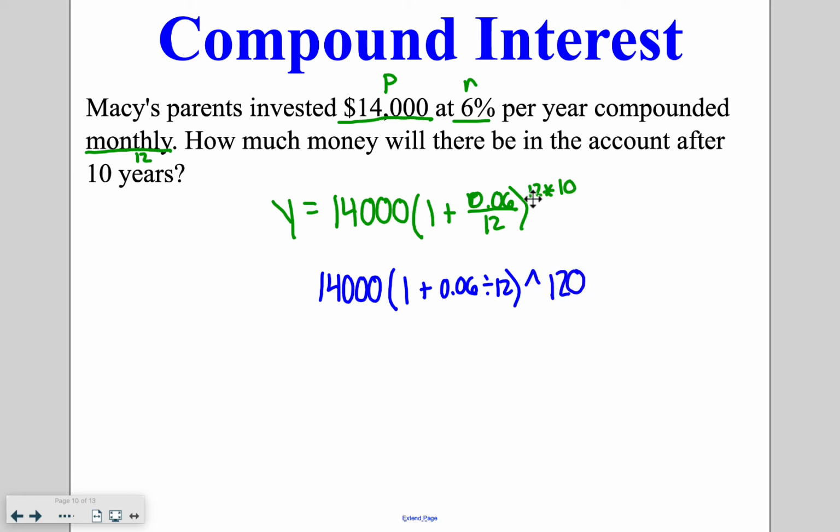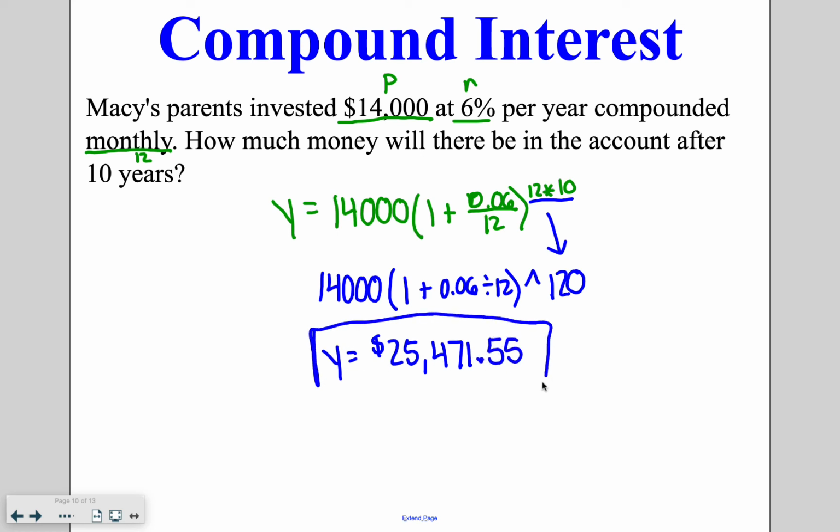Once you do that, you are going to get an answer of $25,471.55. So that is what we get when we plug it into the calculator.